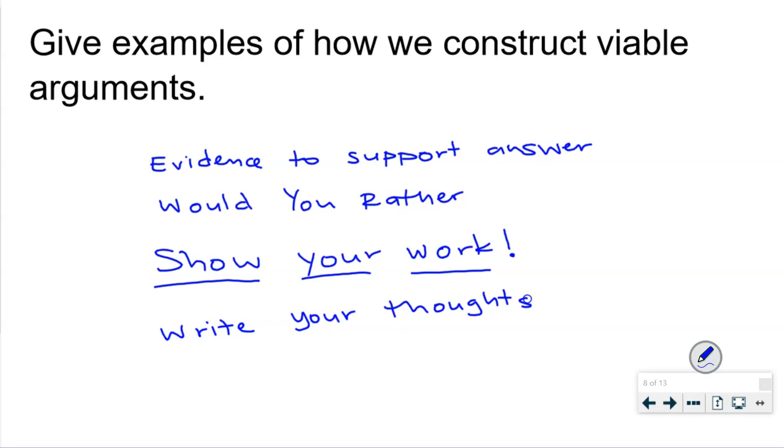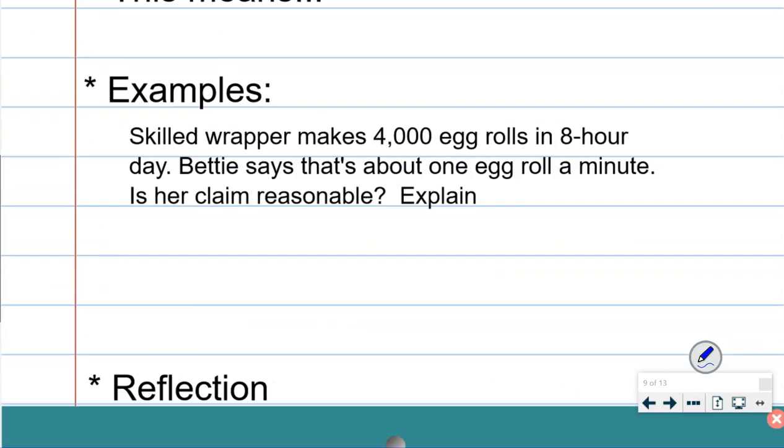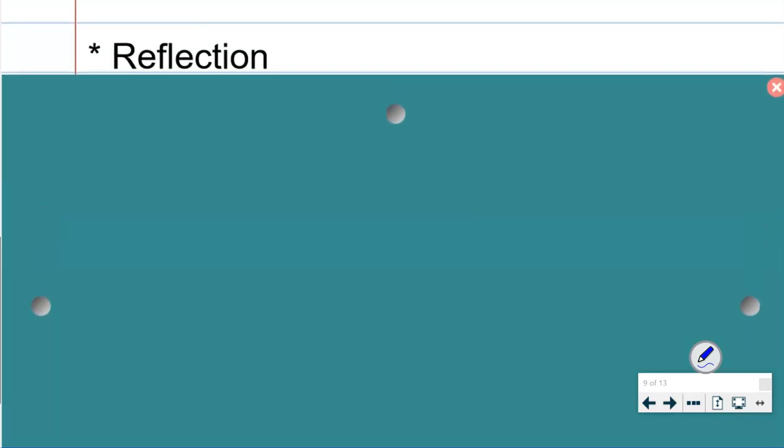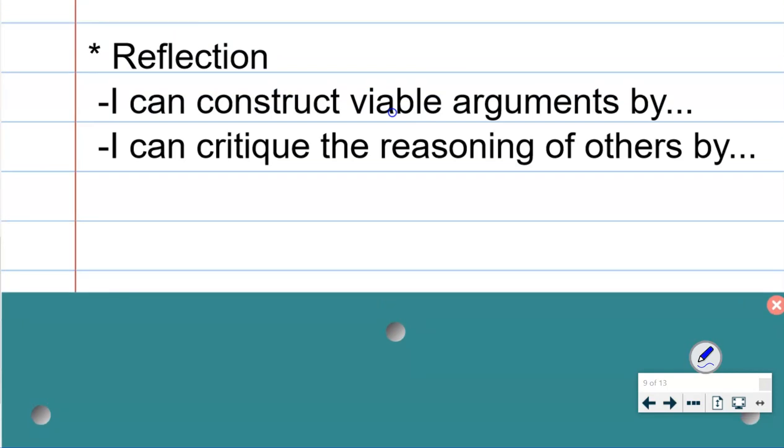So now, with that in mind, we are ready for the final piece of our math practice 3, which is our reflection piece. I can construct viable arguments by what is it that you are going to do. I can critique the reasoning of others by what is it that you are going to do.